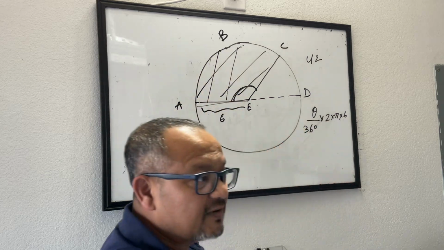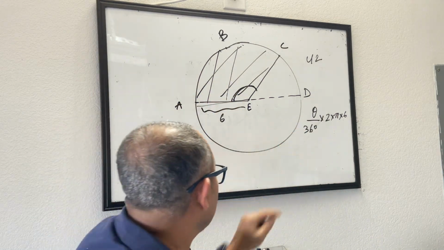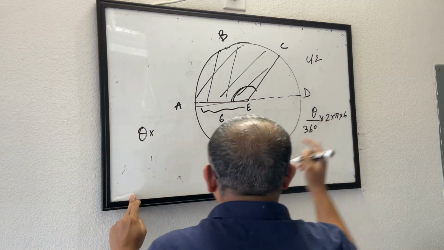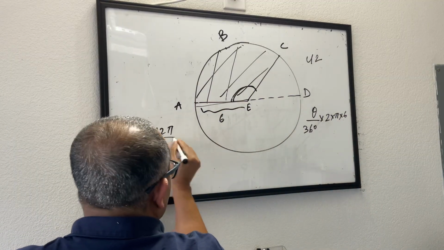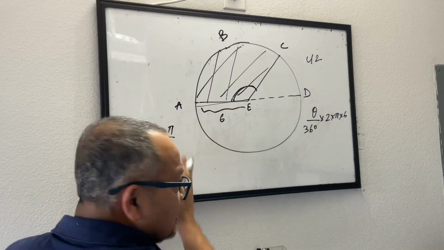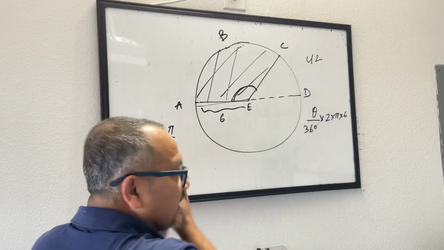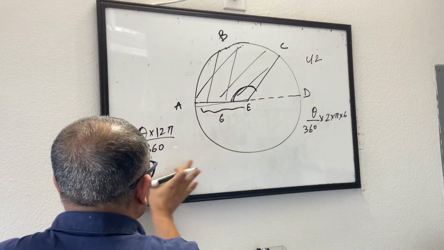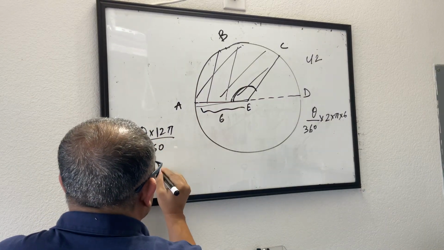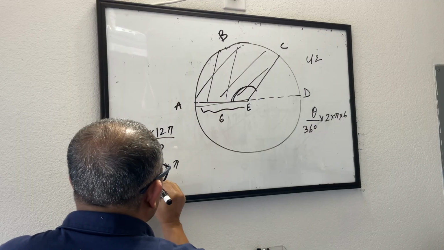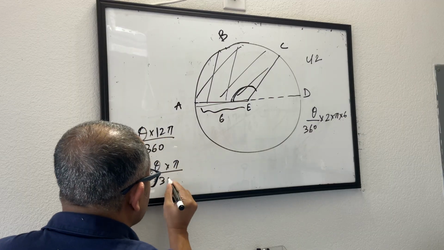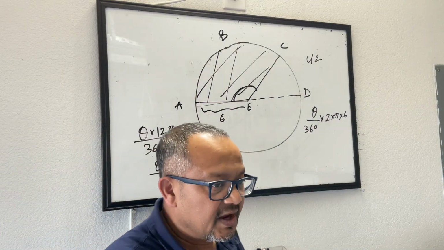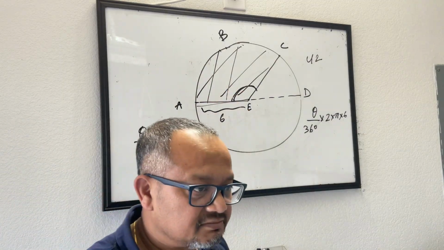So this is what will be my arc length: theta times 2 times 6 times pi over 360, that is 12 pi theta over 360. This is the length of the arc, and I cannot give this as an answer because theta is still unknown. So let's simplify this first. This is theta times pi over 30. This is the best answer we are able to give with theta being unknown to us. So far this is okay?